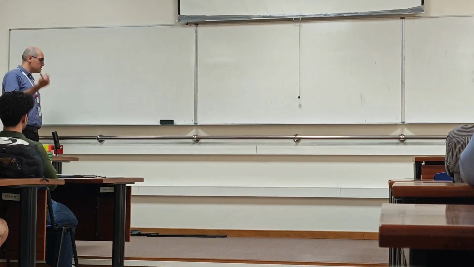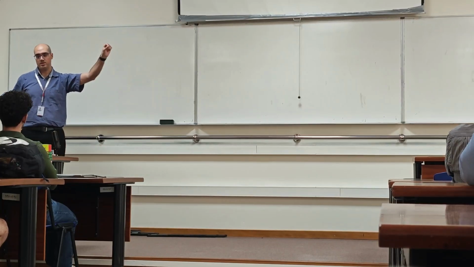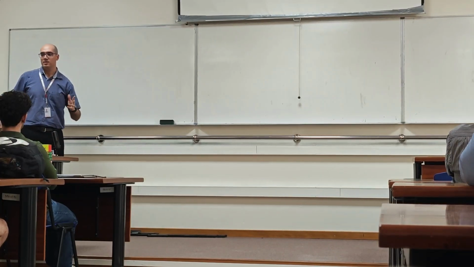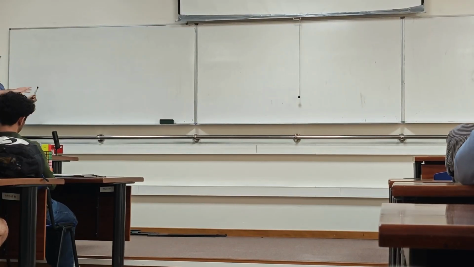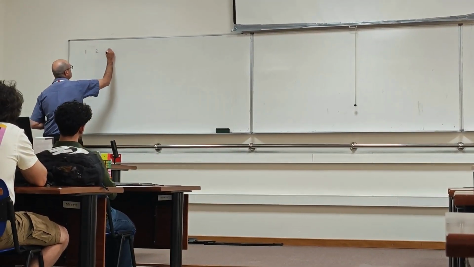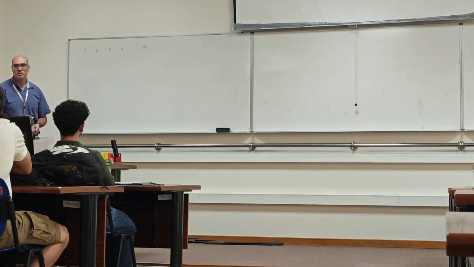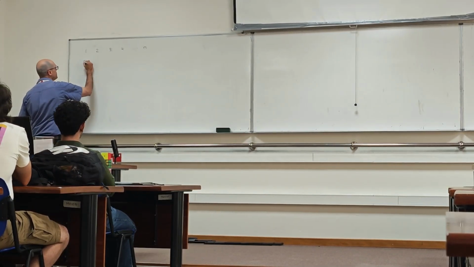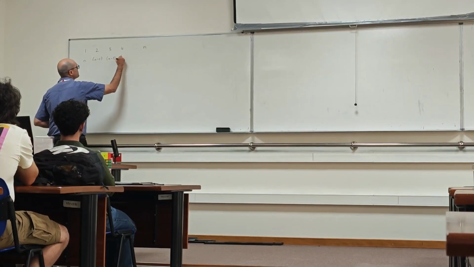So before summing the squares and the cubes, I need to start first from summing the numbers themselves, the powers of 1. And I'm going to quickly prove it. I'm sure you have seen this proof somewhere, but I'm going to repeat it, okay? Basically, I have the numbers 1, 2, 3, 4, up to n, and I want to sum them up. And the idea is to rewrite them, but in reverse, underneath.